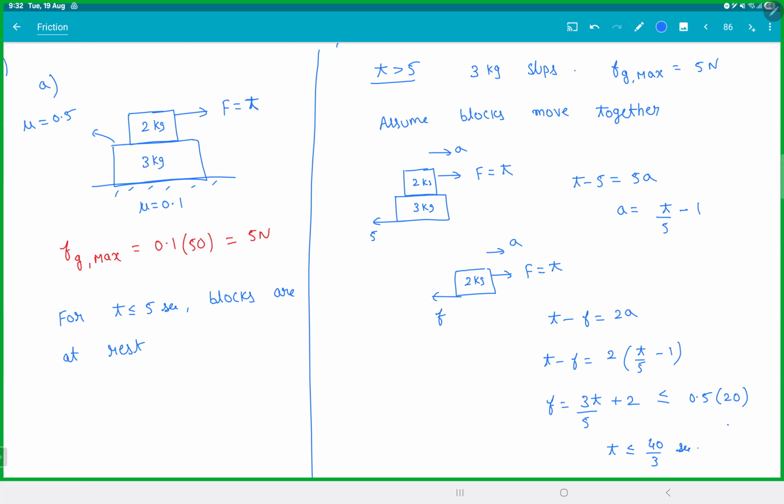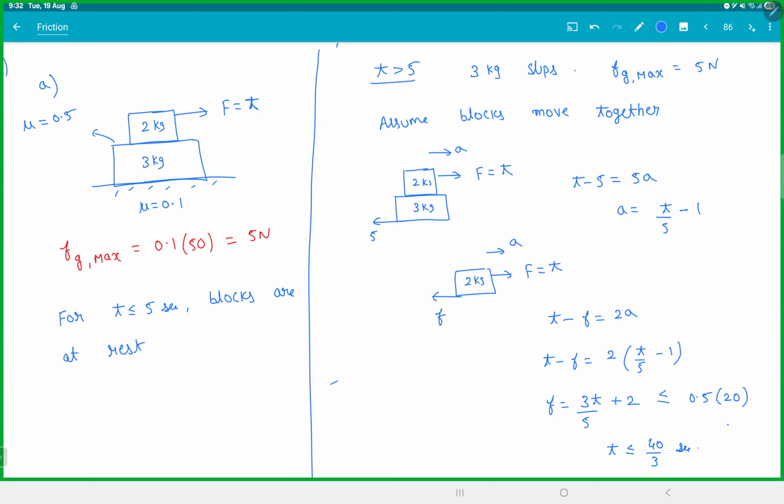Check. Did I mess up some calculations? You could have taken the 3 kg block also. That would have been easy, but okay. T minus F is 2a, and a is t by 5 minus 1. This is t minus F, this is 2t by 5 minus 2. The F is there. That looks right.